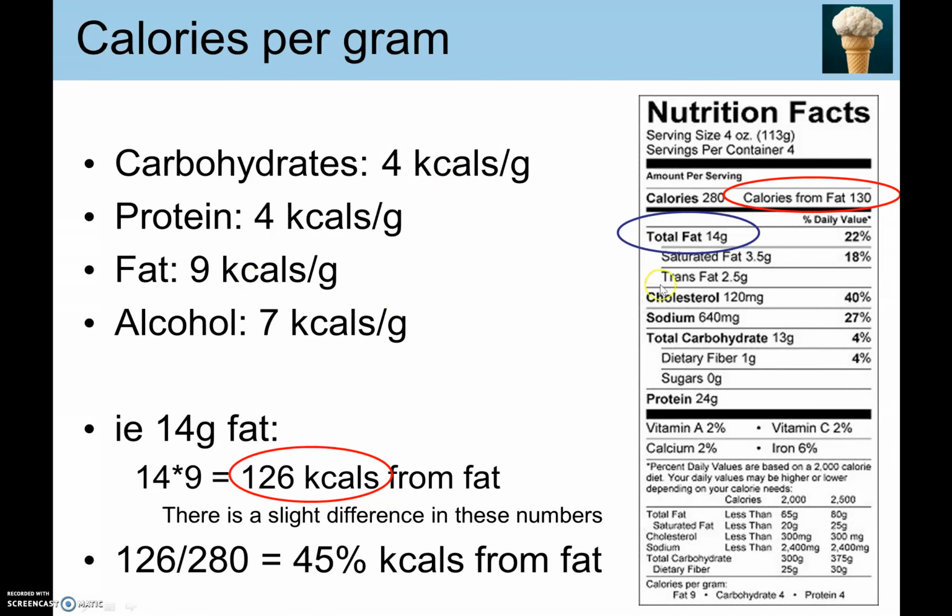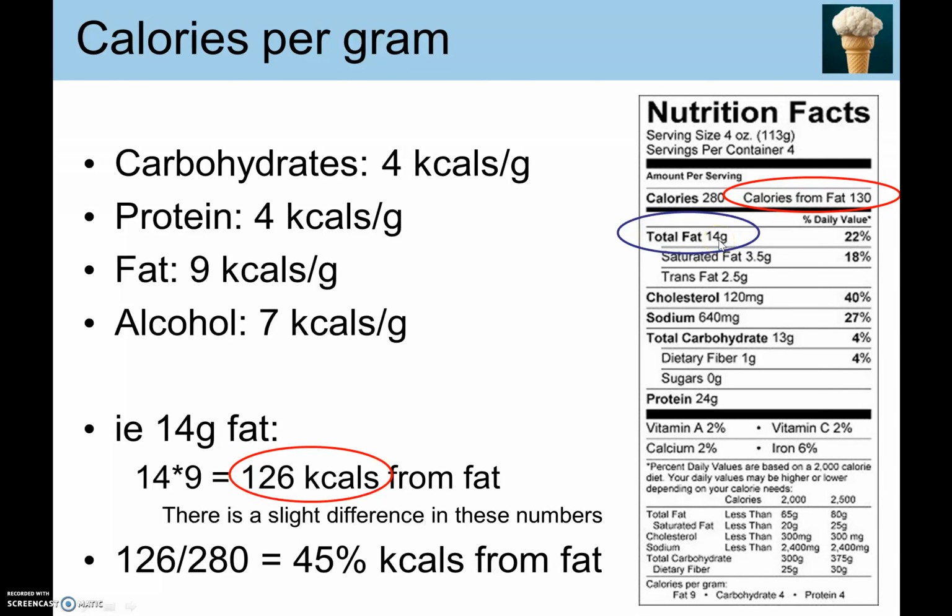The thing that changes are the grams on nutrition labels. So what I ask you guys to do in these assignments is to analyze a nutrition label and tell me usually how many calories are provided from carbs, fat, or protein. So the example I provided here was from fat, and this nutrition label shows 14 grams of fat.